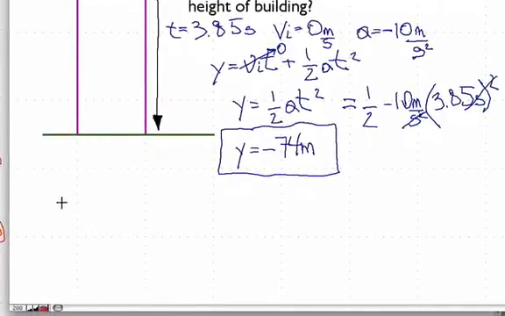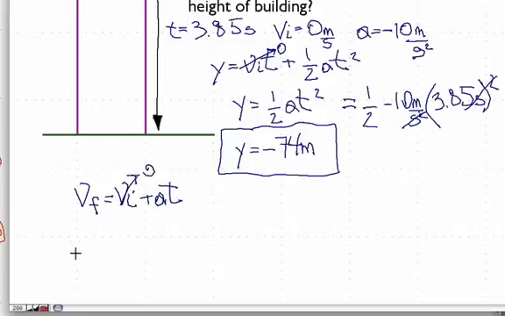Okay, we can use the first equation. Final velocity is the initial velocity plus AT. Now, once again, we know that the initial velocity is 0, so the final velocity is just going to be AT. And we've talked about this before, and that means that the acceleration is minus 10 meters per second squared.